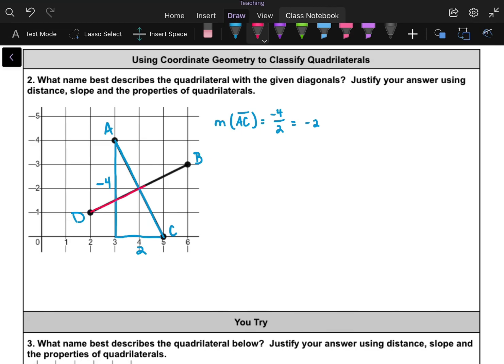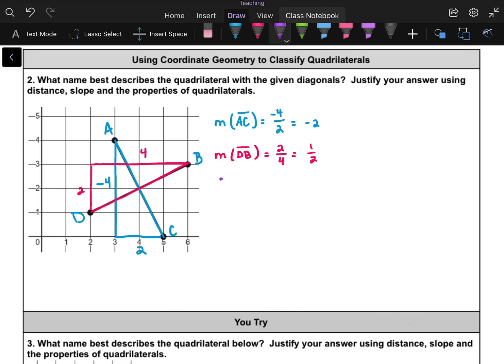Our second diagonal here, my slope is going up by 2 first and then to the right by 4. So the slope of diagonal DB is equal to 2 over 4, which simplifies to 1/2.